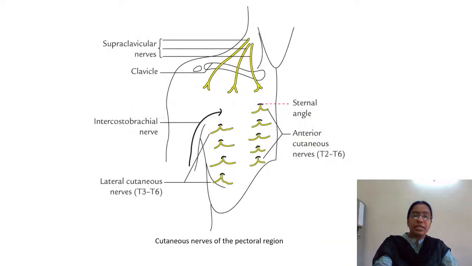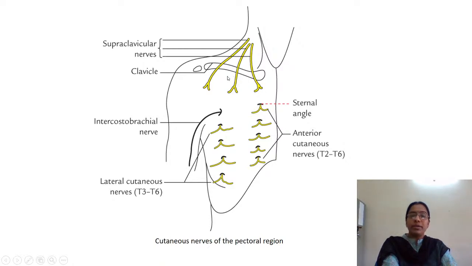the pectoral region. So when we see it, the upper part, up to the second costal cartilage, the cutaneous nerve supply of the pectoral region is supplied by supraclavicular nerves. The supraclavicular nerves are three, that is medial, intermediate and lateral.